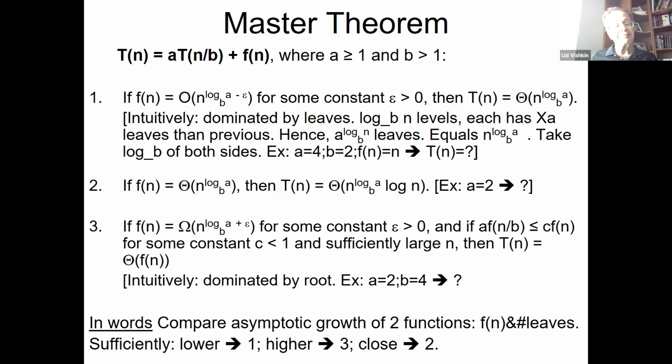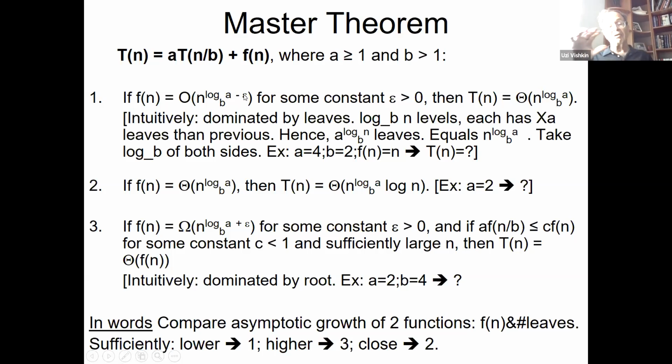So if f(n) is upper bounded by something which looks like order of n to the power of the logarithm base b of a minus an epsilon. So the minus epsilon is separate. Imagine that you have a parenthesis around this, and this appears on the side.